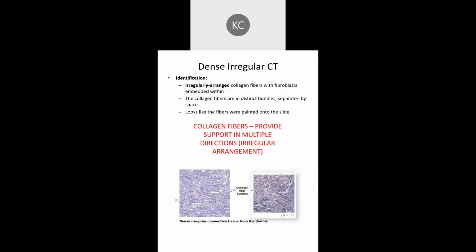They're running in all different directions, okay? So instead of providing support and strength in one direction, now we have a tissue that is providing it in multiple directions, okay? Because of the multiple orientations of these collagen fibers, okay? They're still made by the fibroblast, so you'll still find fibroblasts embedded within this tissue, okay?